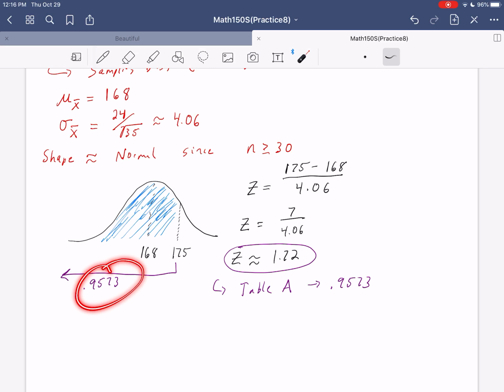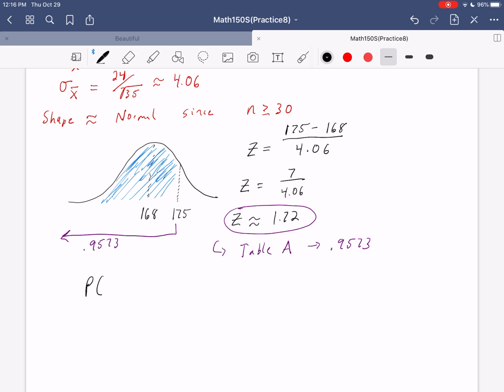Does that match up with the shaded area? Yep, it does. We wanted the stuff to the left, and table A tells us the stuff to the left, so that is our probability. So we just figured out that the probability that that group of 35 has an average less than 175 is 0.9573. Now, this does not mean that every one of the 35 flights will have less than 175 passengers.